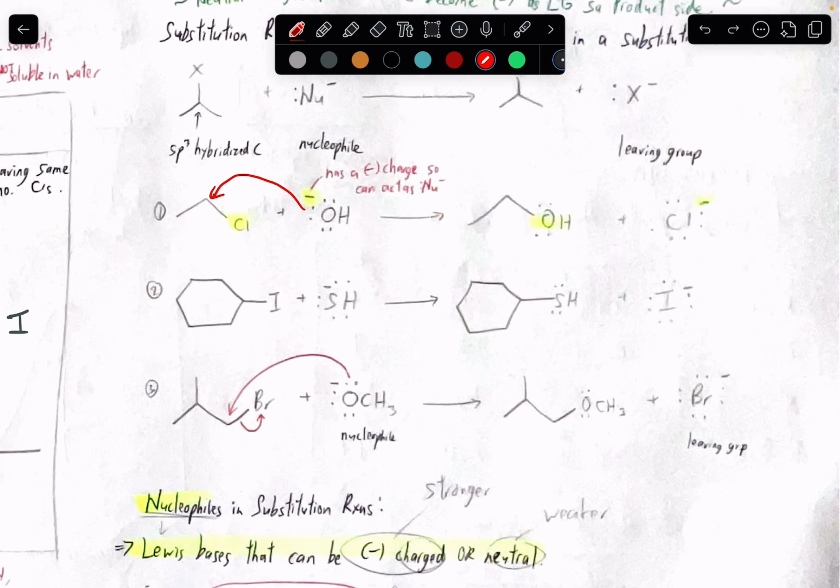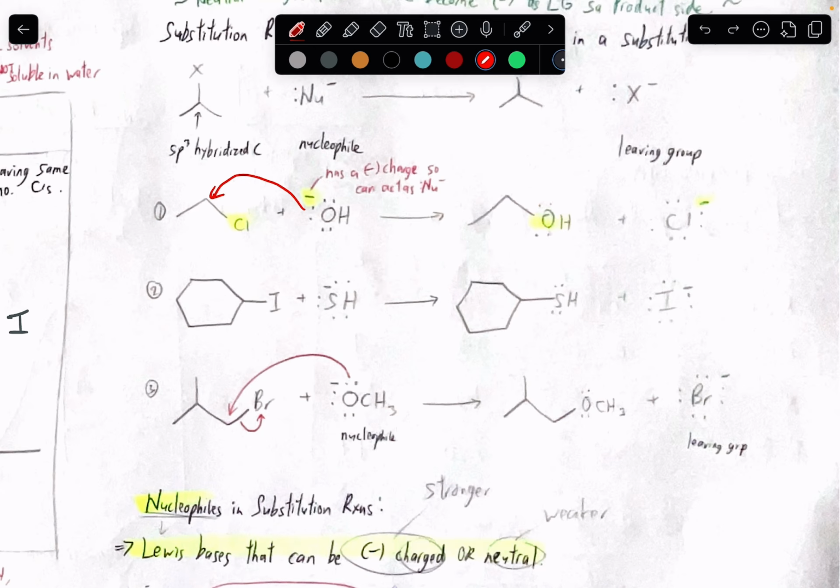Let me count: 1, 2, 3, 4, 5, 6. Ah, yes. So chlorine here is neutral, but because it's in this form, it's negative. Here, your nucleophile was negative, now it's neutral. Oxygen has 6, right?